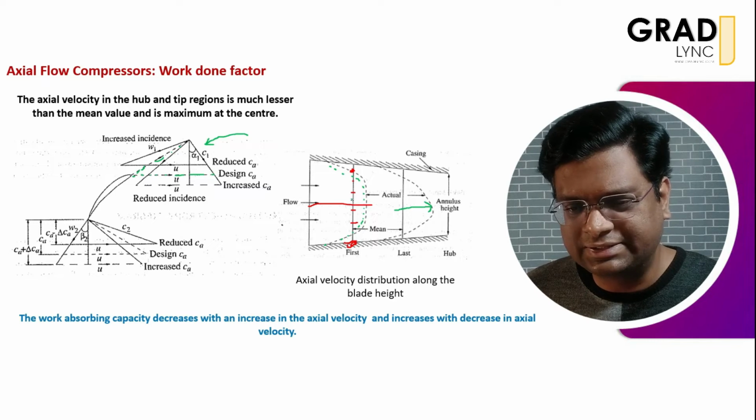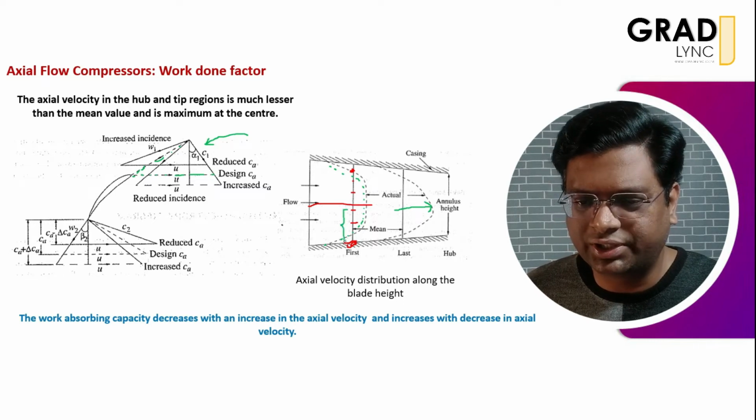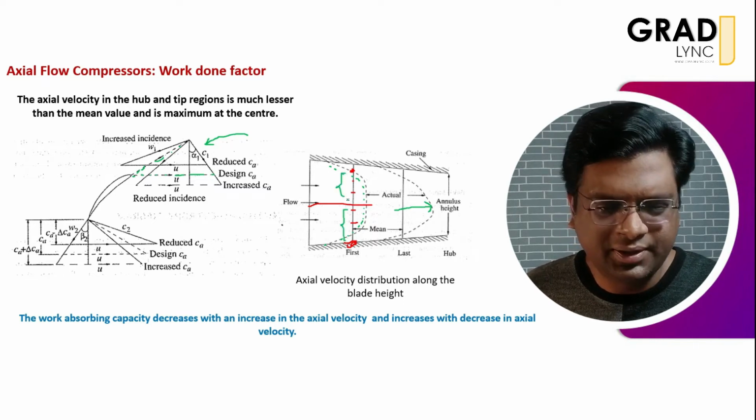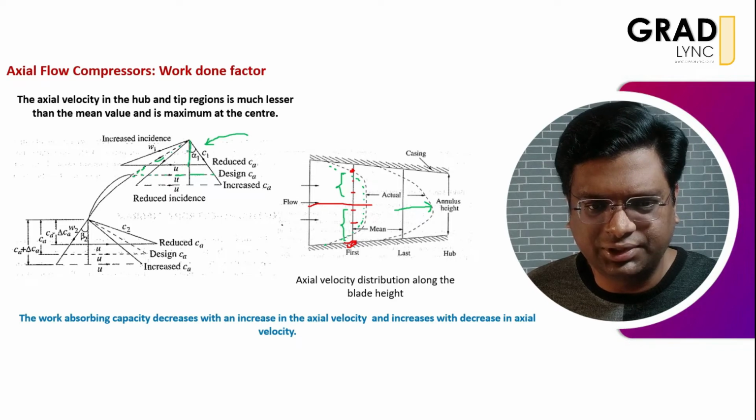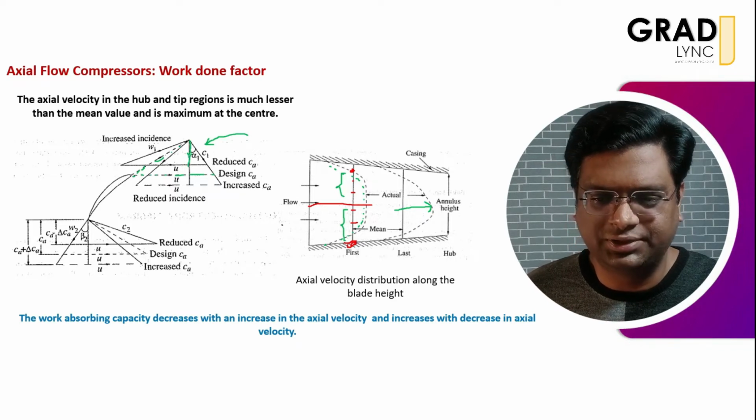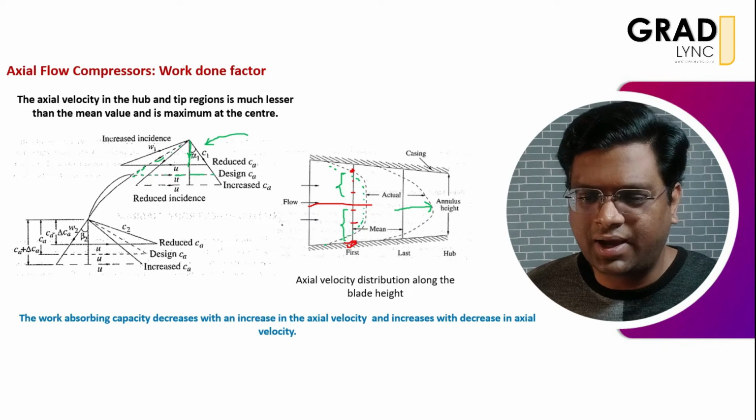The lower axial velocity happens either at the root or at the tip.